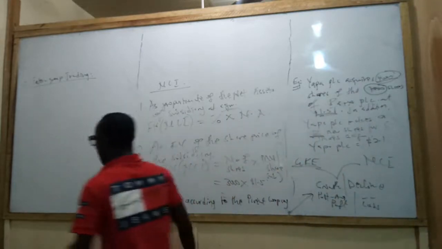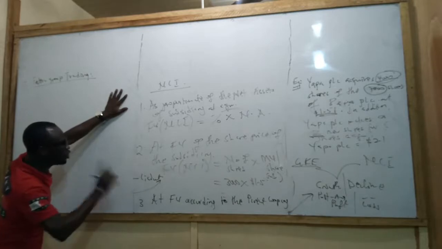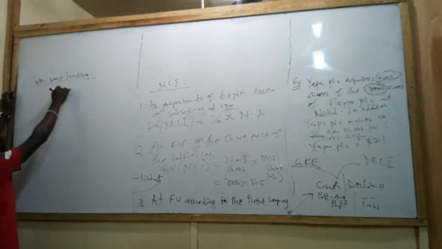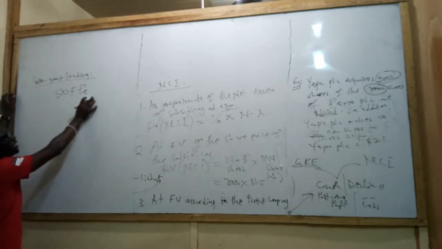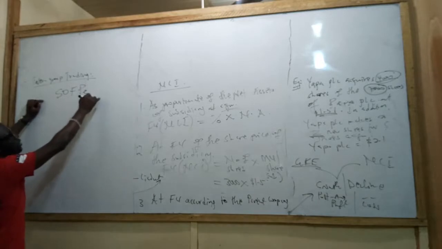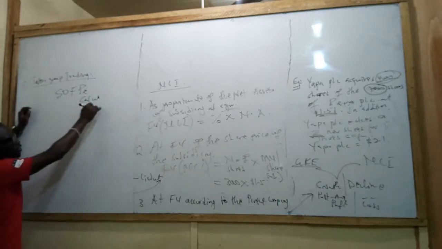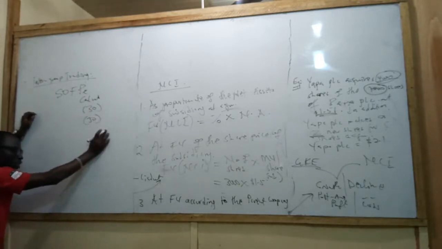This is where the parent is selling goods to the subsidiary. Please note, if there is intergroup trading and you are preparing the statement of financial performance, that is the income statement, then you need to cancel out every intergroup trading. How do you do that? You subtract the sales from the sales, and then you subtract the cost from the cost. Very, very important.